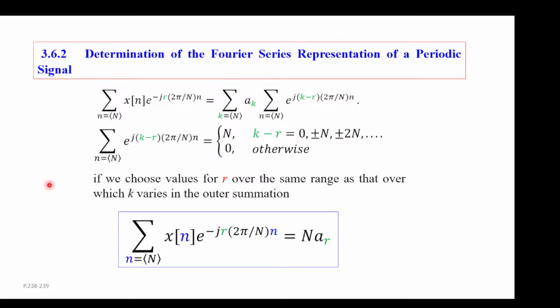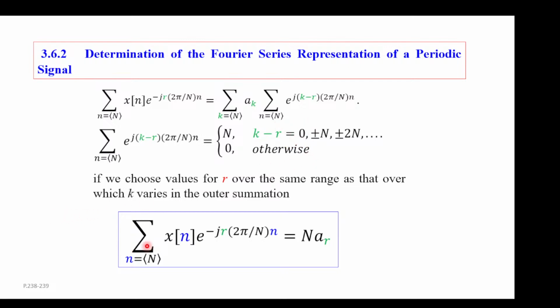Okay, and so now we pick r. If we pick r in the same range as k, then k minus r can never be plus or minus big N, so k minus r can only be 0.